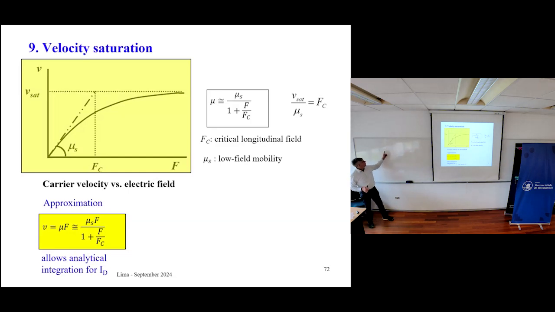Okay, velocity is proportional to the field through this constant, which is called mobility.